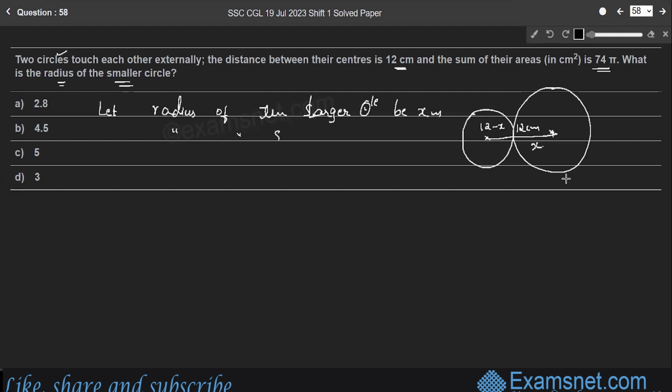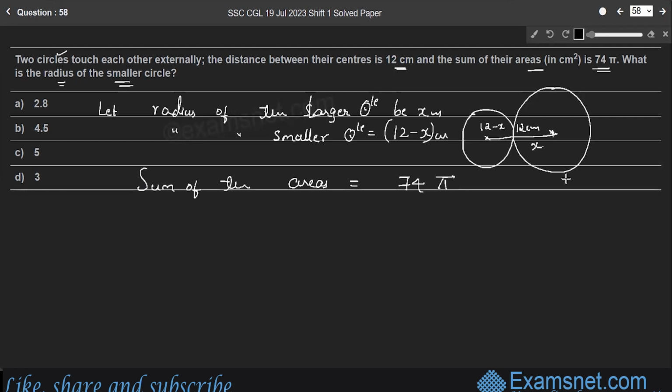Therefore, radius of the smaller circle is equal to 12 minus x centimeter, because both the circles are just touching each other, so the total distance is 12 centimeter and the smaller circle radius becomes 12 minus x. So here sum of their areas is given. Therefore, sum of the areas of two circles is 74 pi centimeter square.